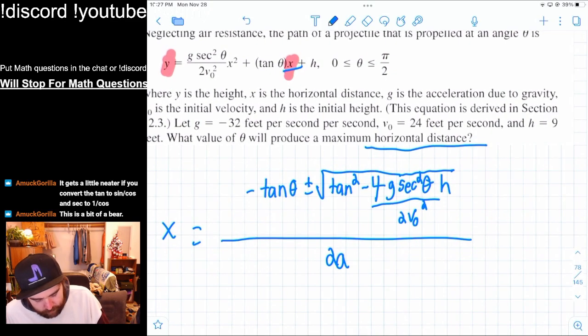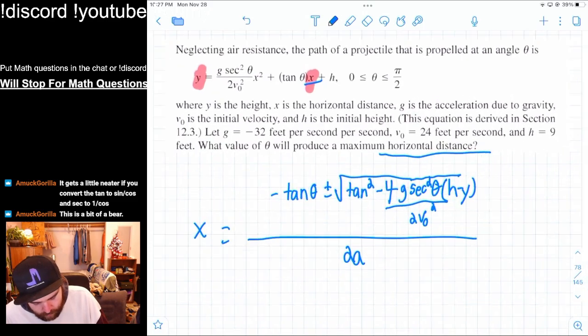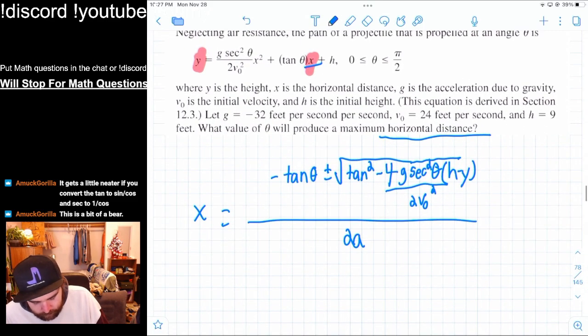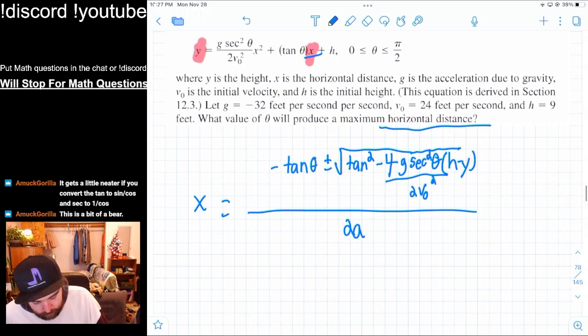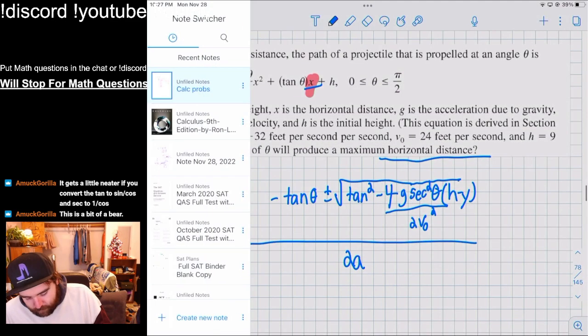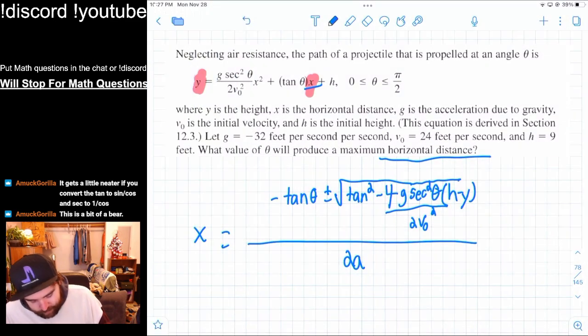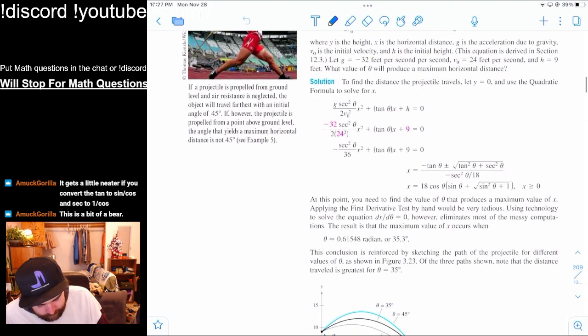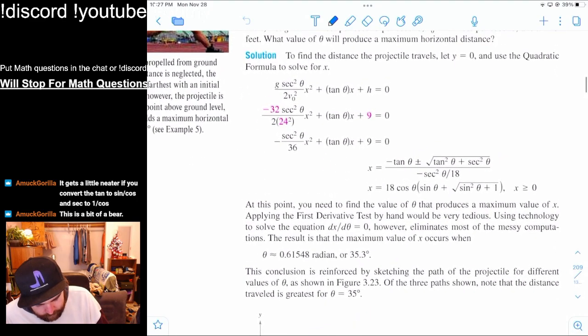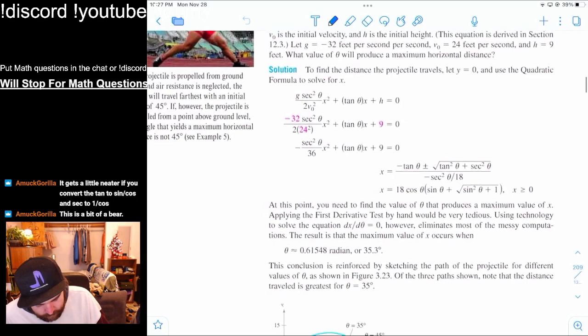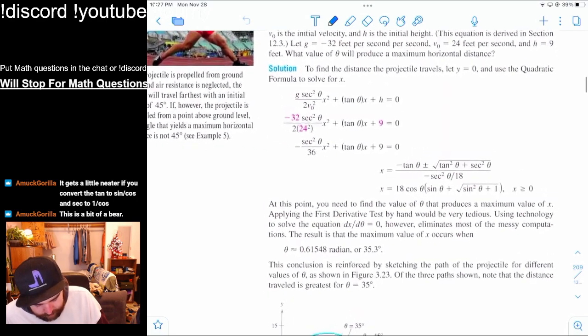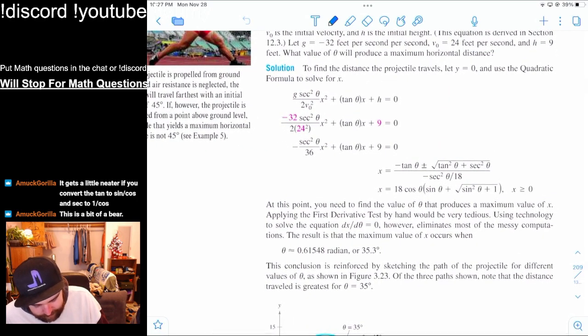So then my c would be like y, so this would be like h minus y here. What did they do? Okay, well, they plugged in the numbers first. That was intelligent. That was definitely intelligent.